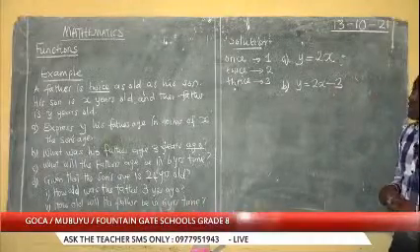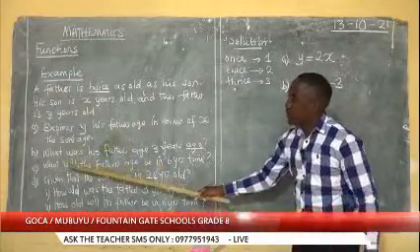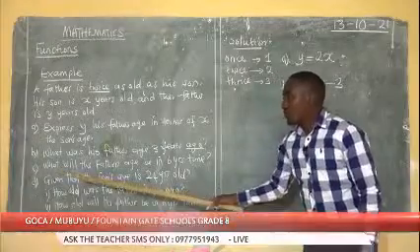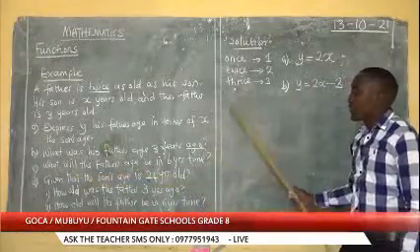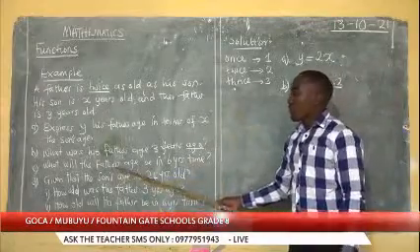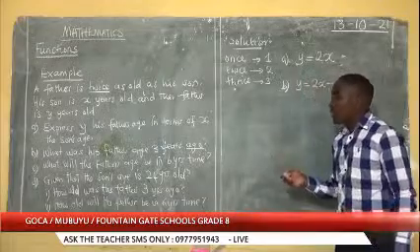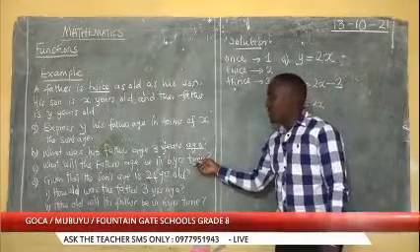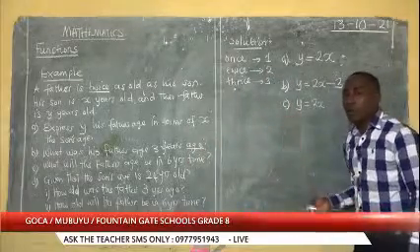Let's go to the next one, part C. We are asking what will the father's age be in 6 years time? Something which will happen in the future, that is 6 years to come.